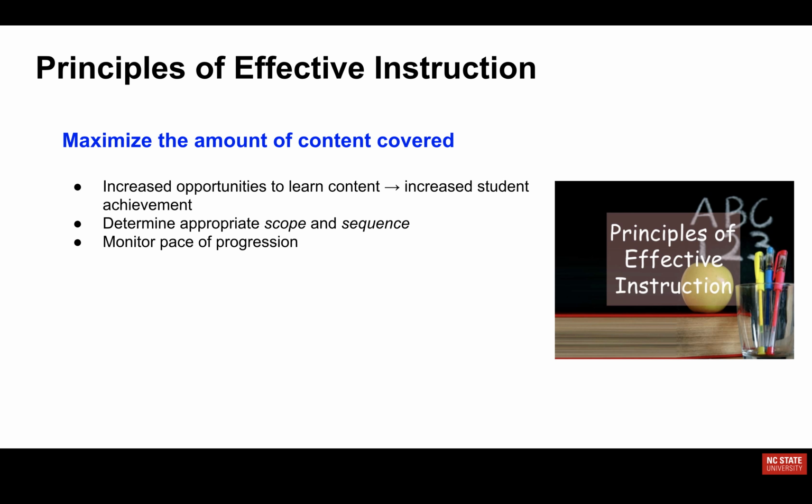And then finally, you want to monitor your pace of progression. So you really want to reflect on at what pace you're moving through your content. And if you see that you're halfway through the year, but you're only a quarter way through the content that you should be, then you definitely need to pick up the pace and think about ways to make adjustments in that regard.